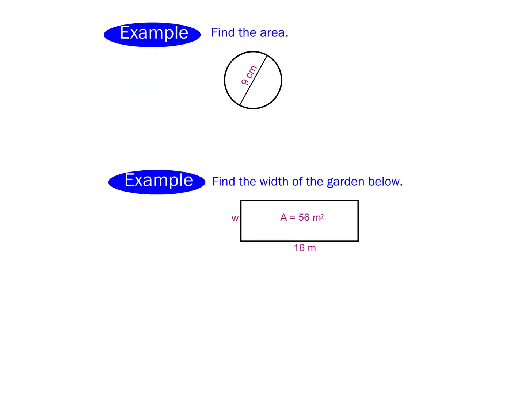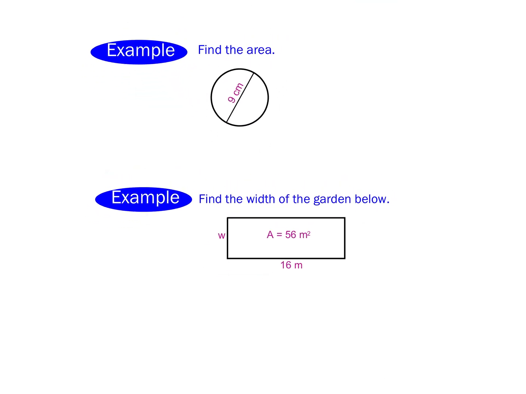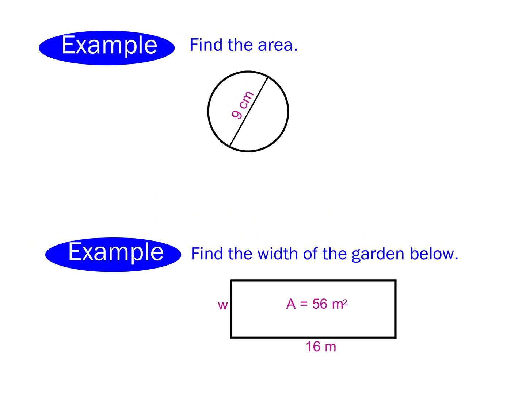So now here we got 2 more things. Here we've got a circle, and the formula for area of a circle is pi r squared. What's the radius? 4.5. You betcha. We follow order of operations, which means we do the squaring before we multiply by pi. 4.5 squared is 20.25.